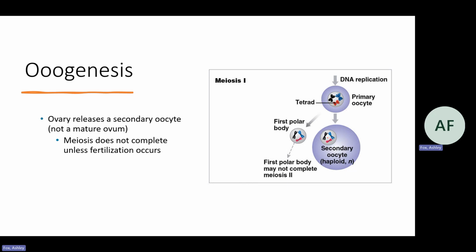Then to finish meiosis, we have half the chromosomes in this nucleus and half in this nucleus, and barely any cytoplasm. Sometimes the first polar body can complete meiosis too. Sometimes it doesn't, but we don't care because we just get rid of it. So the secondary oocyte has most of the cytoplasm and half the chromosomes.